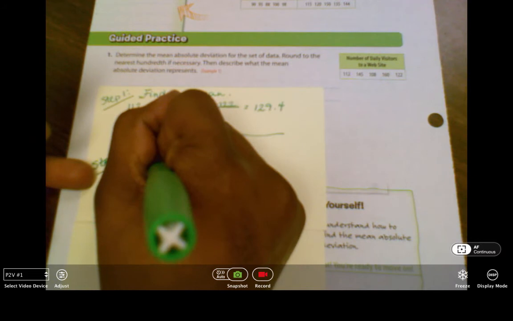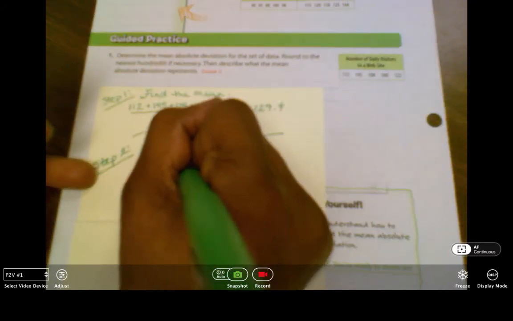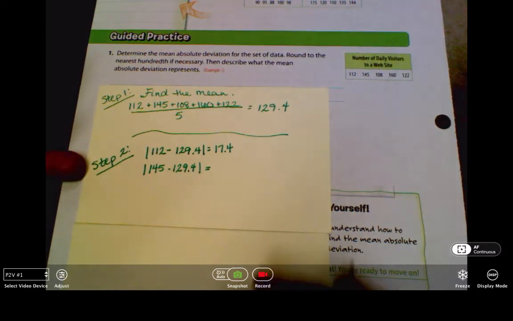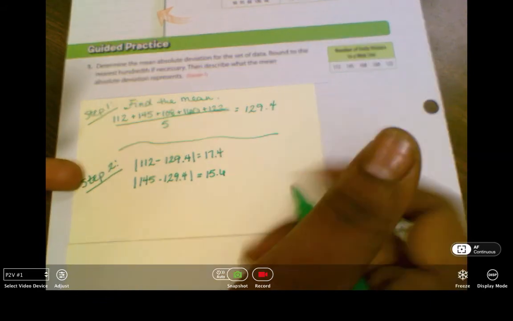Then I have the absolute value of 145 minus 129.4, and that gives me 15.6.